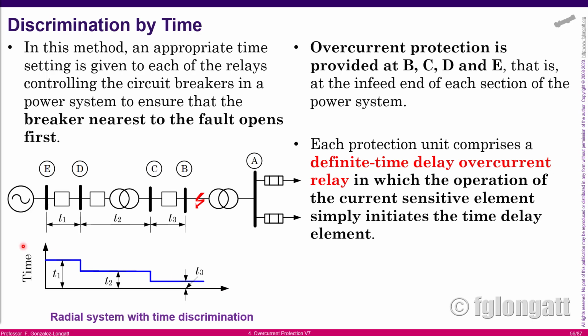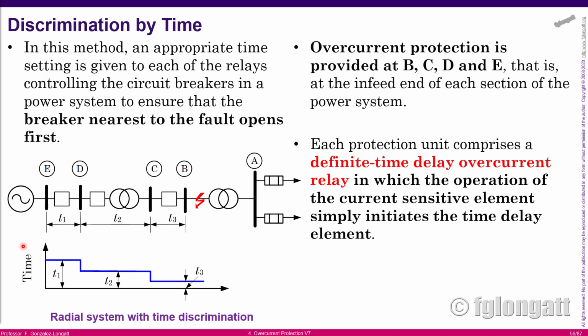if you are using purely time discrimination, the problem is that you need to use definite time delays over current relays. You need to use definite time relays. Okay, that is the first thing, and they are not quite friendly with other devices like fuses, for instance.